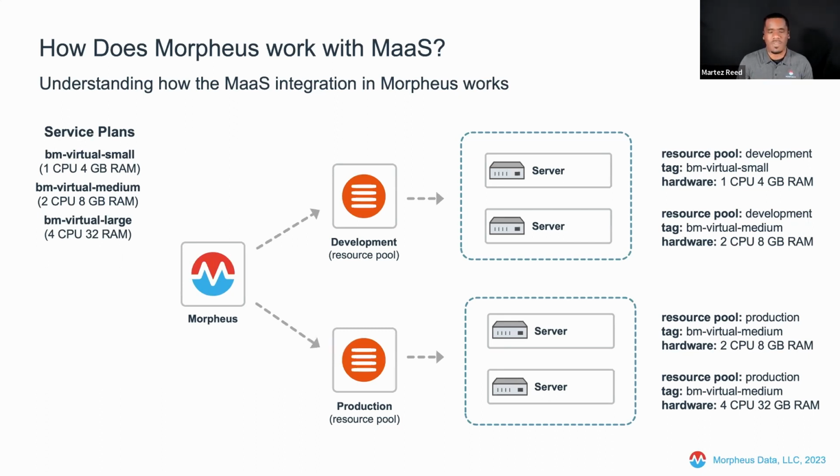So there's a number of capabilities that this starts to really offer, as well as a number of things that it unlocks from an organizational perspective, in which I can start to take advantage of my bare metal servers in a fashion similar to as I'm able to do with virtual machines within the Morpheus platform for deployment of workloads.